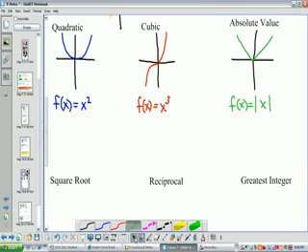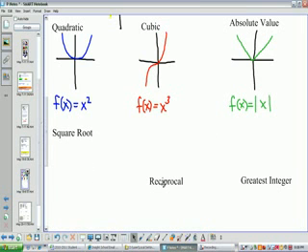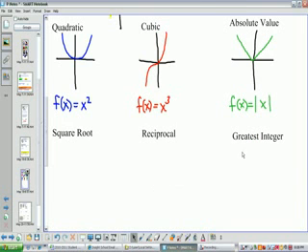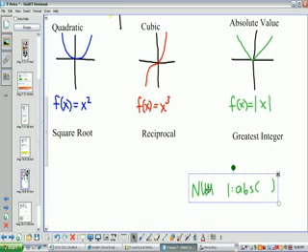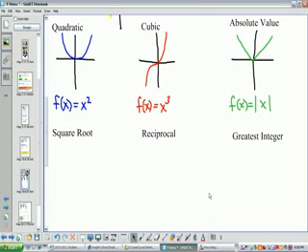If you're in your y equals, then push math, go to the right where it's NUM, N-U-M, and the very first one is ABS, and then the parentheses will serve as your absolute value signs. I don't have the calculator to show you that, and I apologize for that. I am happy to show you if you do come in.